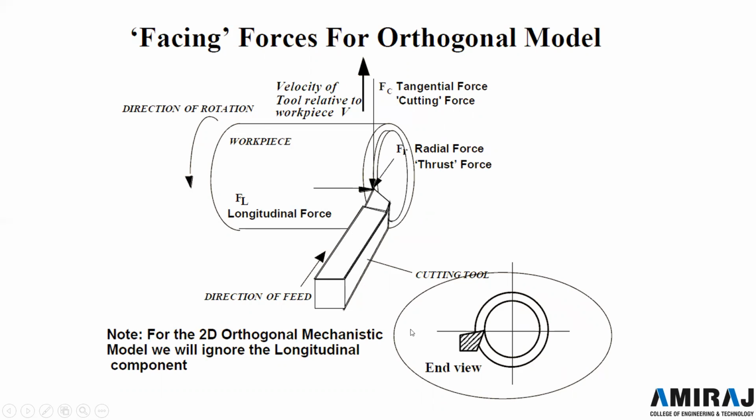Here you can see the end view, while the vertical force will be the same. The tangential or cutting force will be the same as we have seen in the turning operation. And in the same way, if we move in the longitudinal direction as well, there will be a longitudinal force. So there are three forces in total acting on the cutting tool.